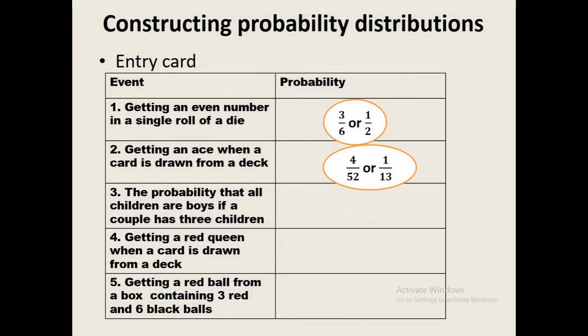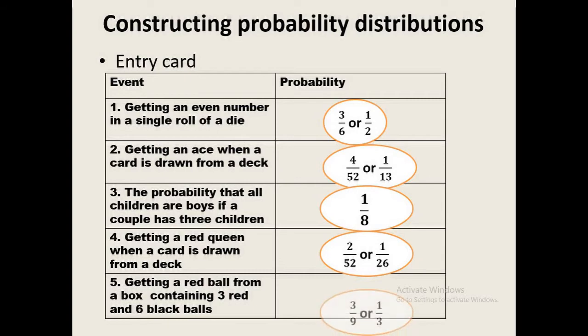Number 3, the probability that all children are boys if a couple has 3 children: 1 over 8. Number 4, getting a red queen when a card is drawn from a deck: 2 over 52 or 1 over 26. Number 5, getting a red ball from a box containing 3 red and 6 black balls: 3 over 9 or 1 over 3.